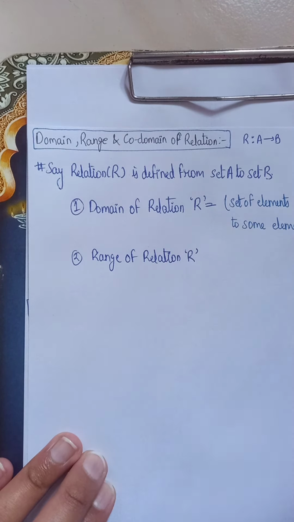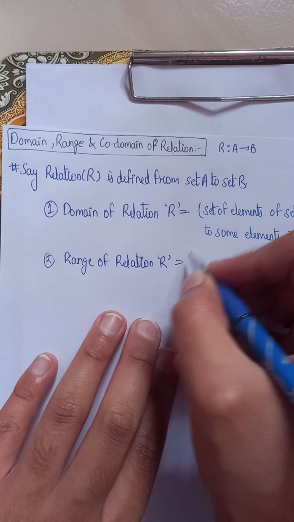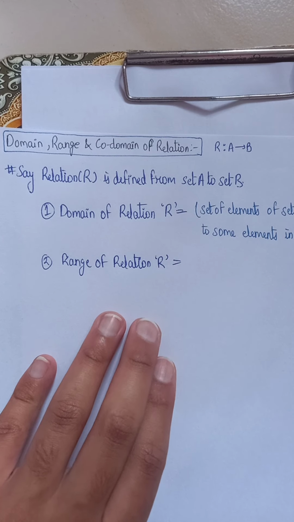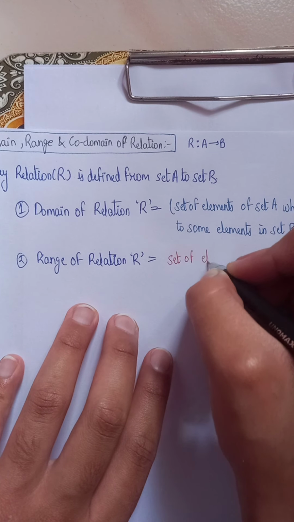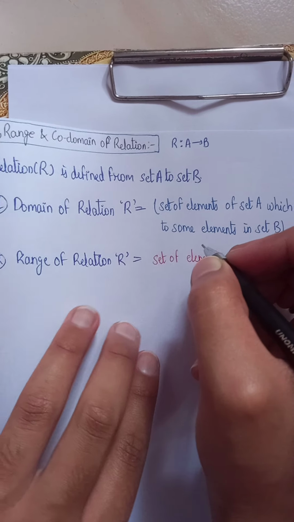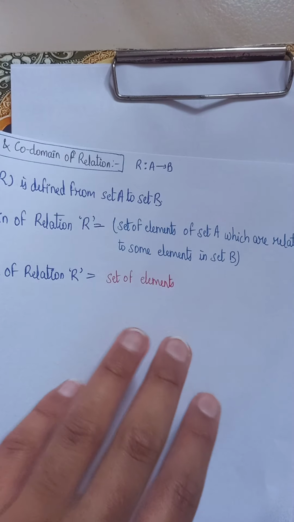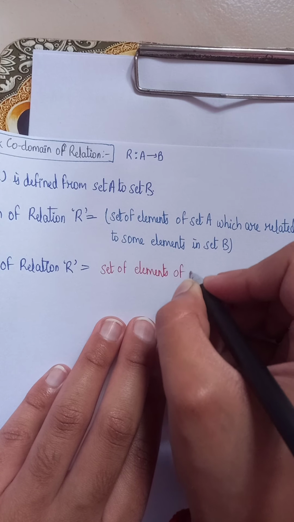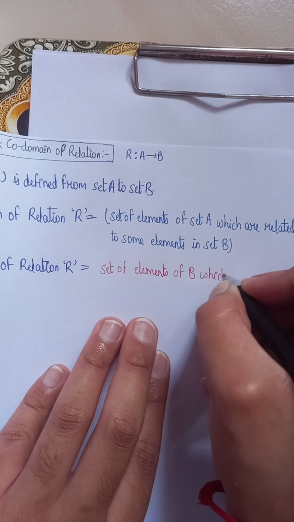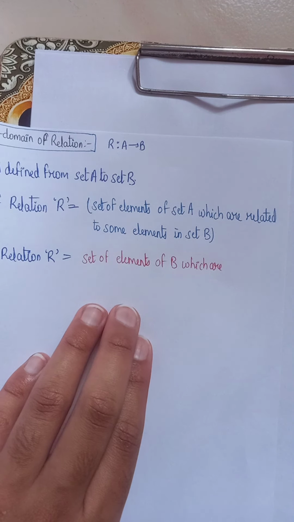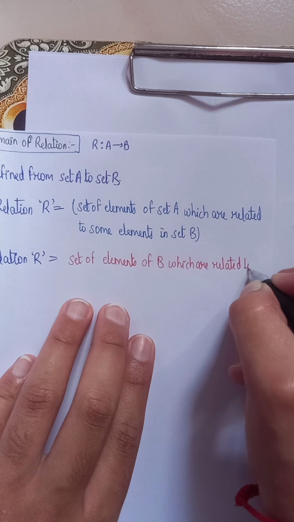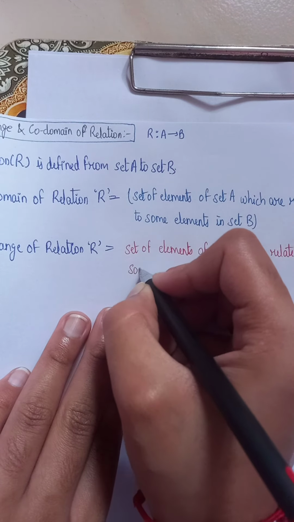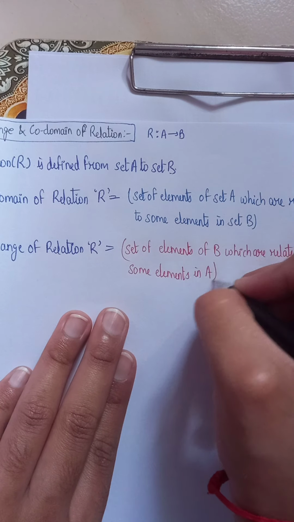The range of relation R is equal to the set of elements of B which are related to some elements in A.